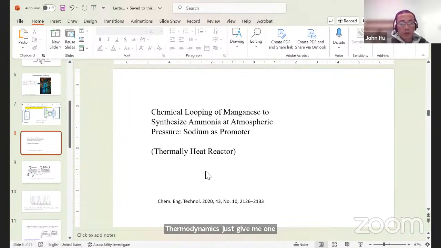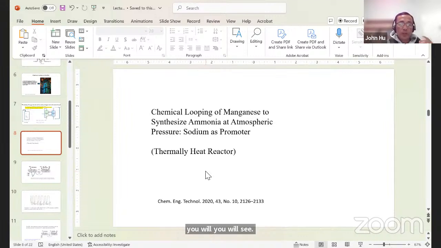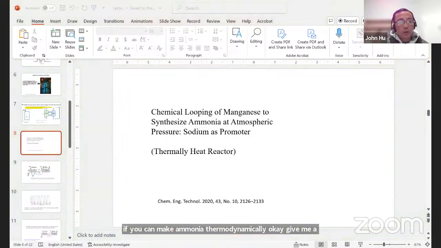You will see, if you do not do chemical looping, if you put hydrogen and nitrogen together at ambient pressure, whether you can make ammonia thermodynamically. Okay, give me 30 seconds. I'm going to go to my folder and get you the thermodynamic data. I think I showed you in day 1, but I want to cut and paste here.